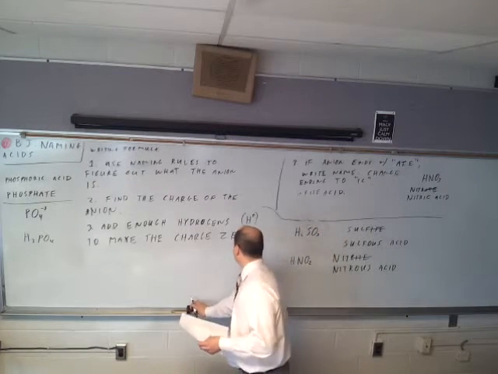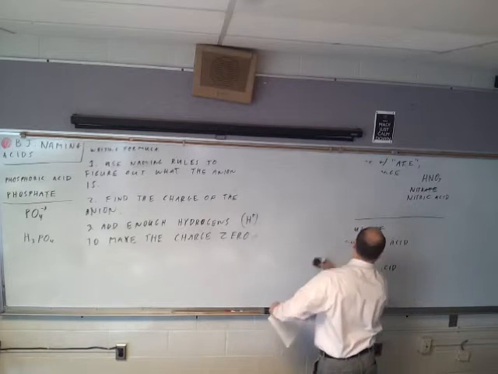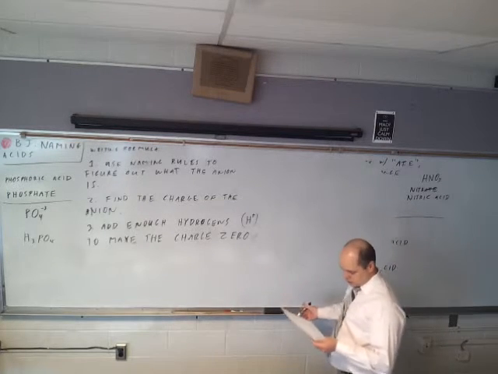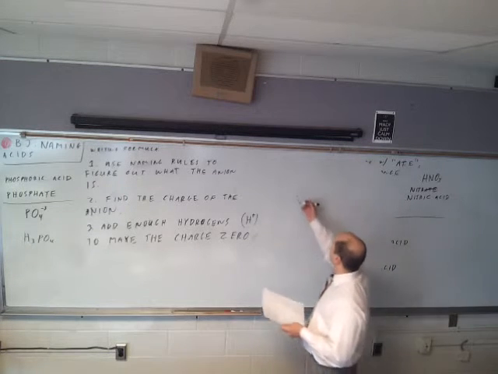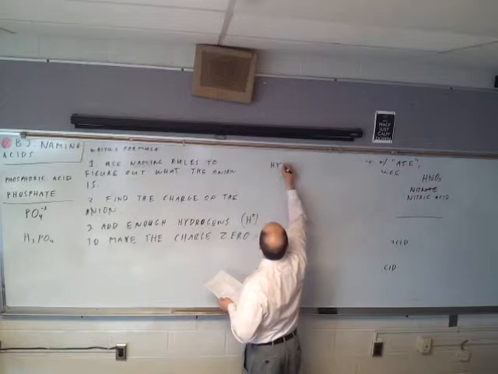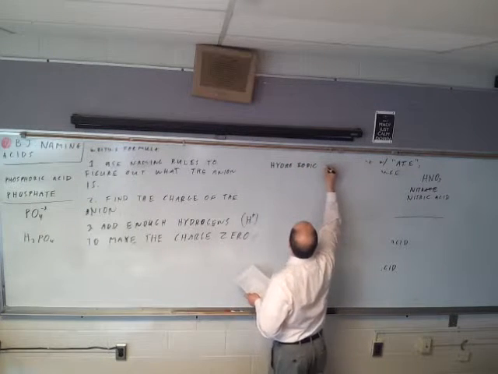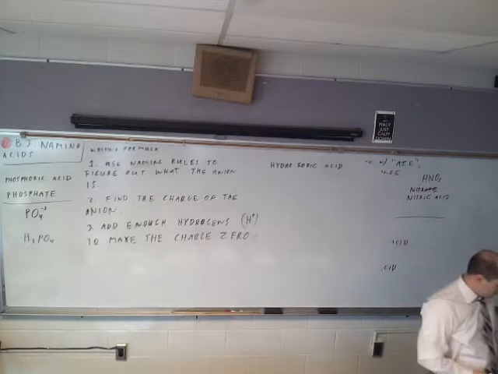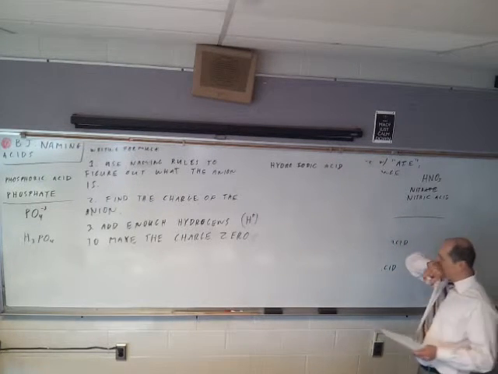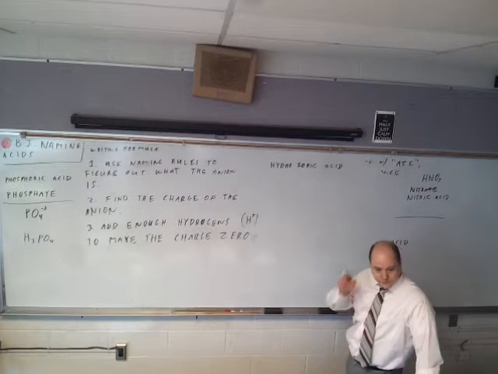Let's do one more if I can find some space here. Let's not do sulfuric acid because you probably know that one. Let's do hydroiodic acid. I know it's a strange name. Step 1: what is the anion?